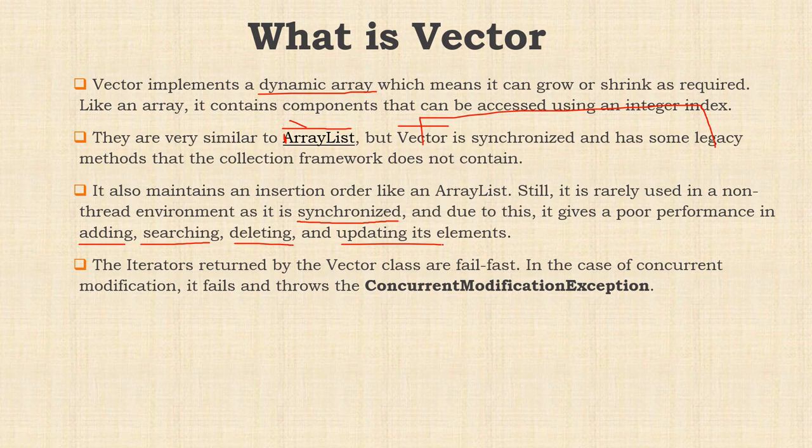In the case of concurrent modification, it throws a ConcurrentModificationException. So if you try to add, modify or delete something in your vector data structure while iterating, then you will get a ConcurrentModificationException. Same as array list, in array list also you will get the concurrent modification exception. So this is common between array list and vector.